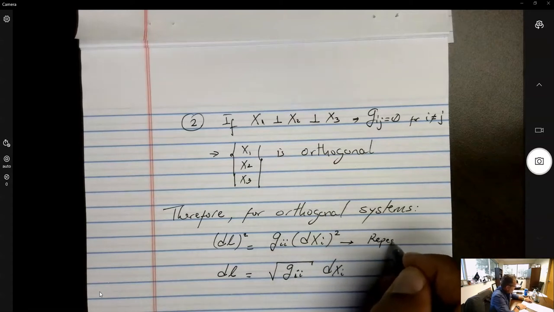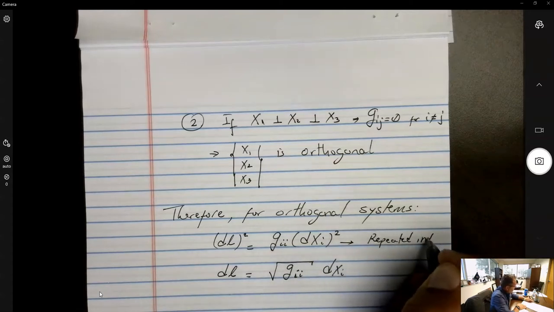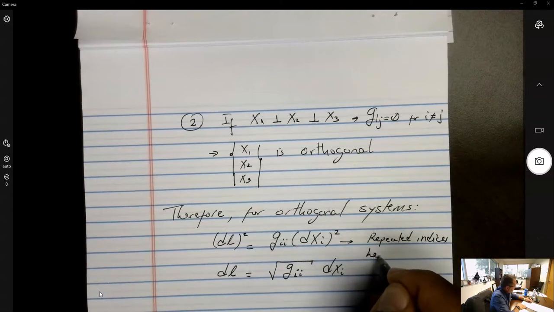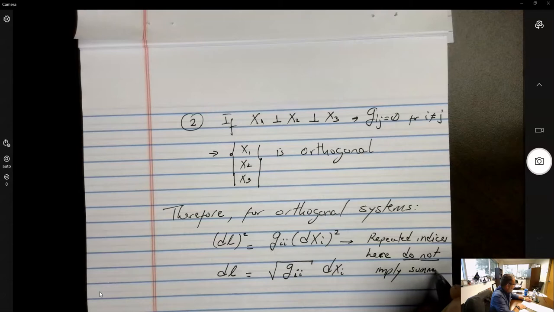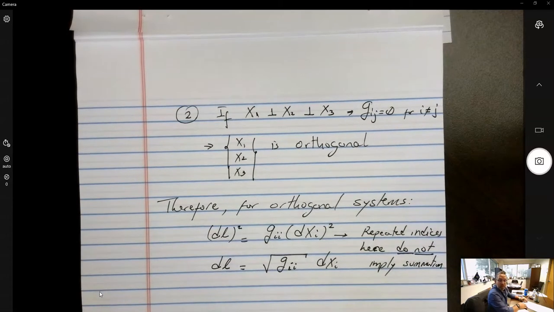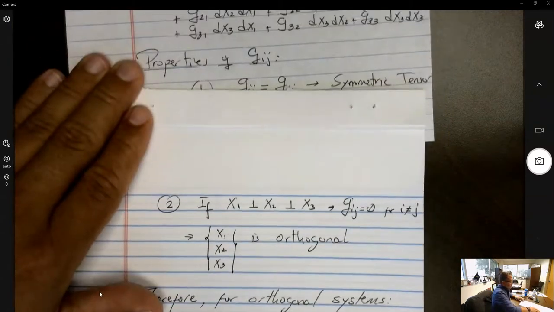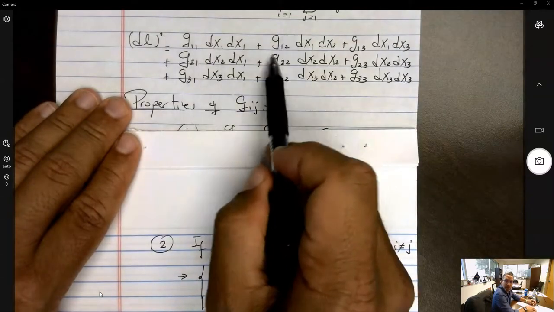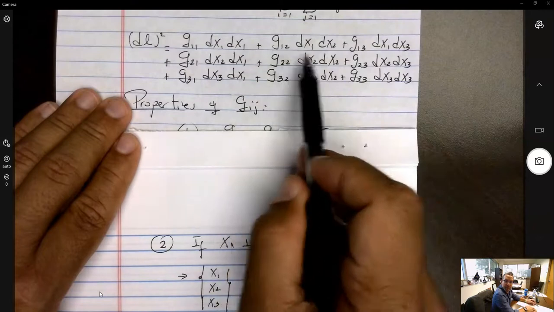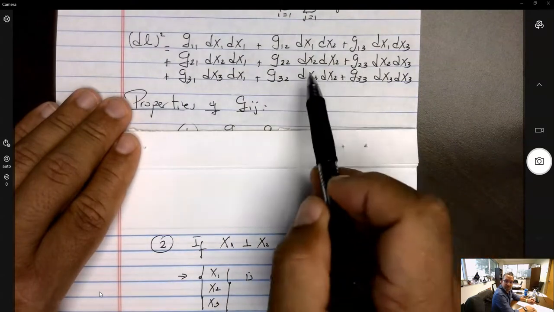Repeated indices here do not imply summation. What I'm trying to denote is that if you expand dl square, all the off diagonals will disappear, right?